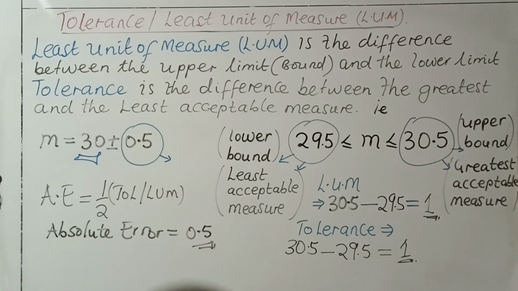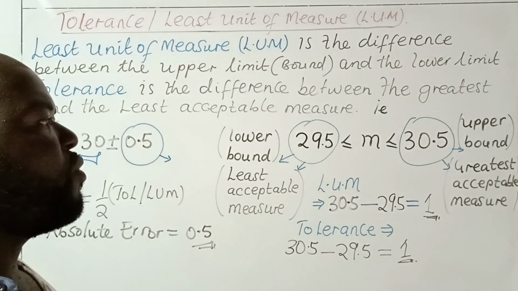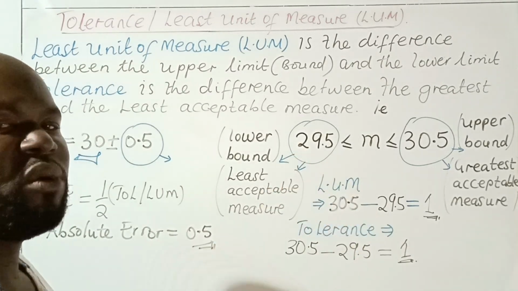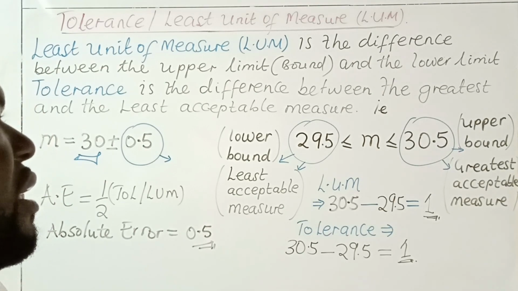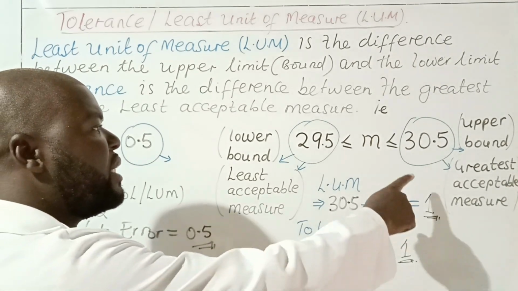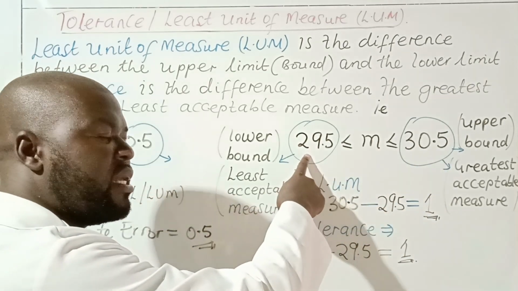We are also able to get the midpoint when we know the upper limit and the lower limit. In our case, the midpoint will be gotten by adding the upper limit and the lower limit.